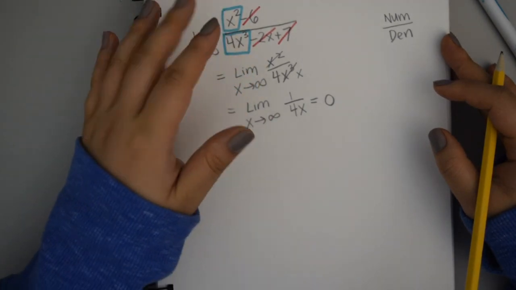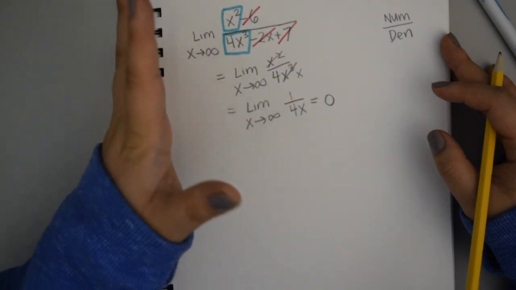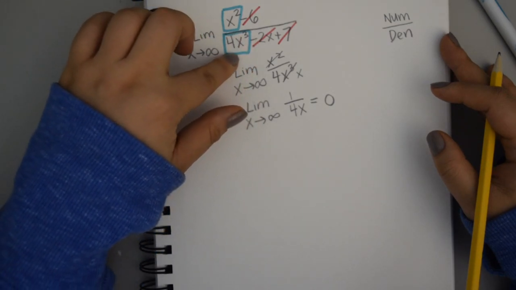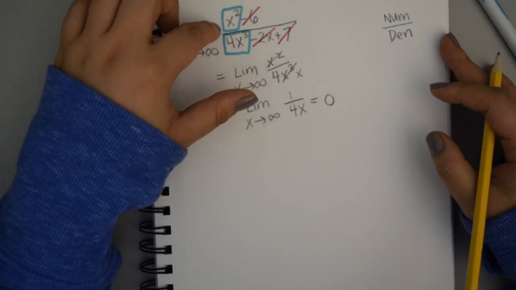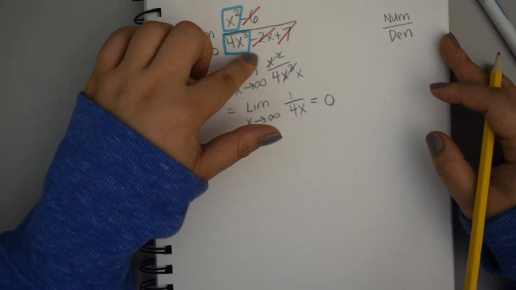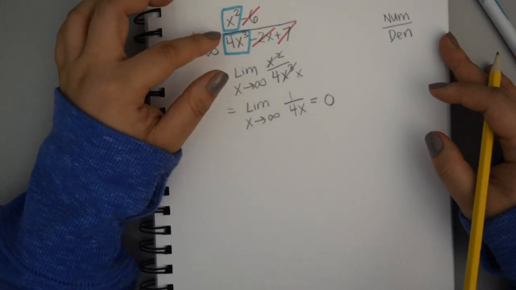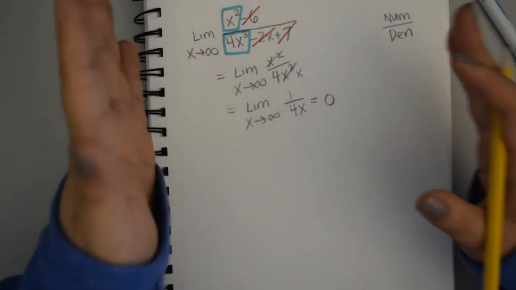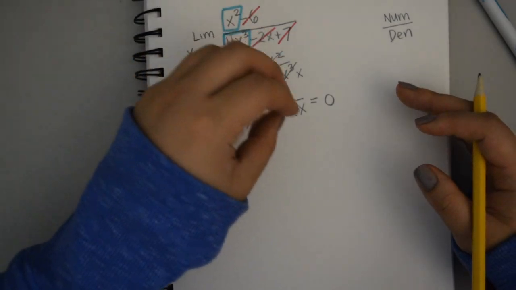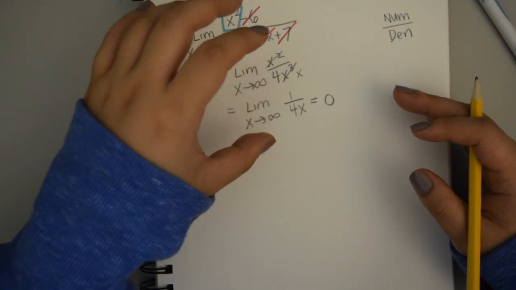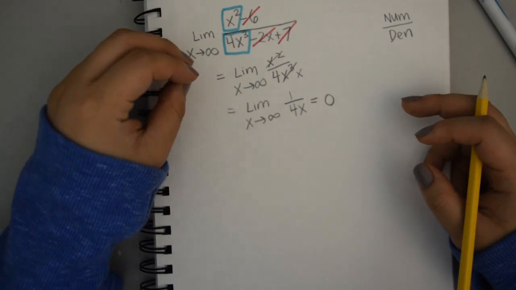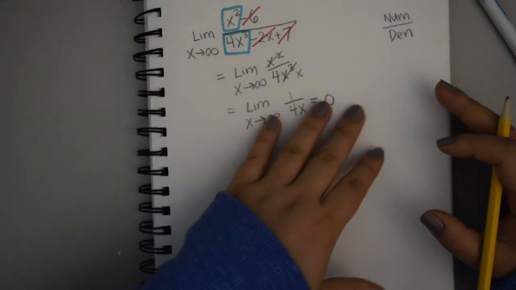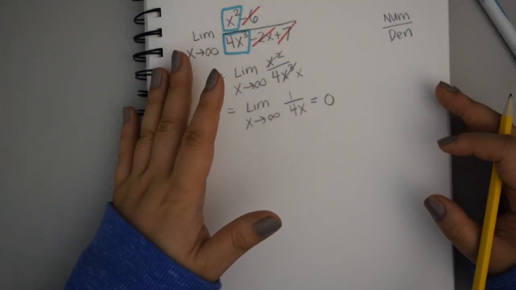The 4 is there to make it a little bit bigger, but relative to everything, it doesn't really matter. I mean, it does in a way, but this grows so much faster than the top. The top is an x squared, the bottom has an x cubed, so this is still going to be bottom heavy. If you want to think of it as a balance, it's going to be bottom heavy, which means the denominator matters more, which means that in the long run, in the perspective of infinity, the whole thing goes to 0.